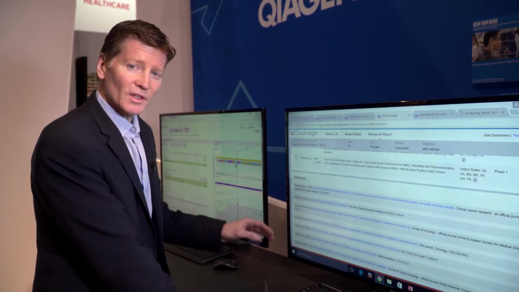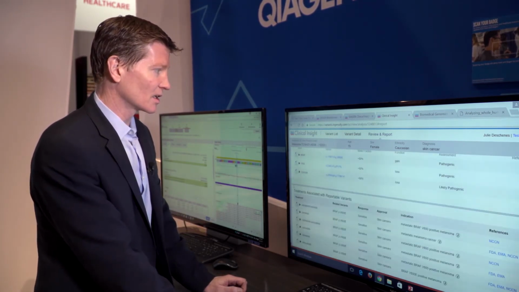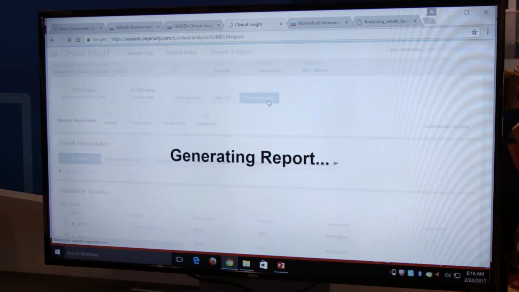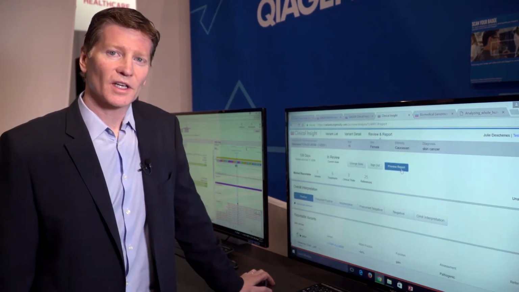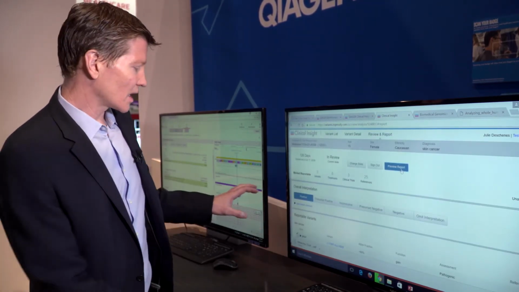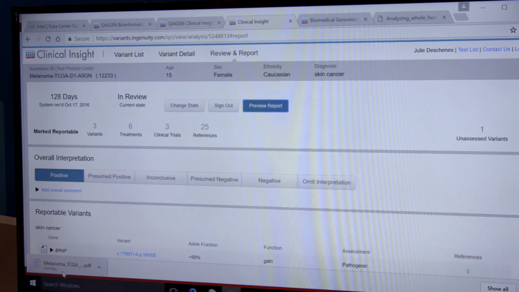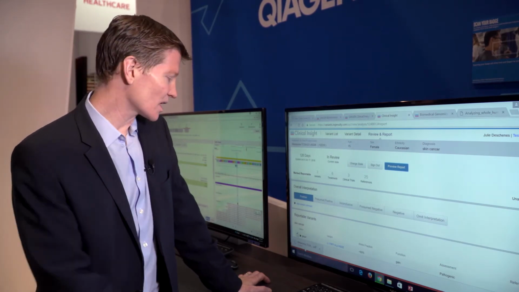Once the individual within the laboratory has reviewed these preliminary results and is ready to sign out the report, they can simply generate a tailored report directly off the Clinical Insight platform and submit that either through a physician-facing portal or email or fax, whatever the methods are they use today.